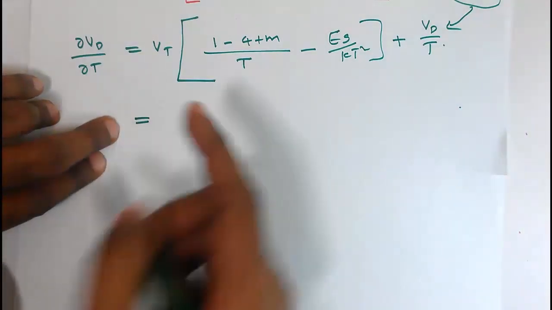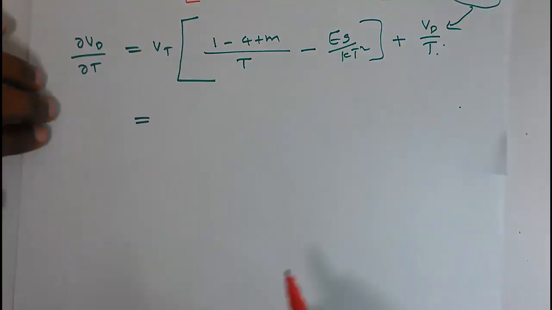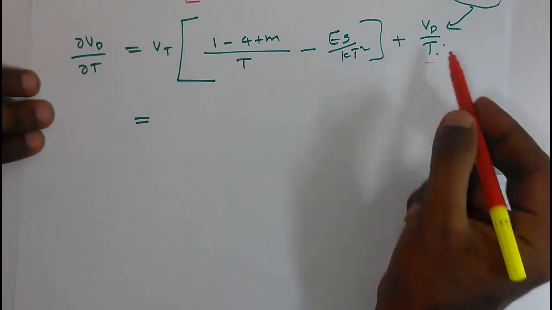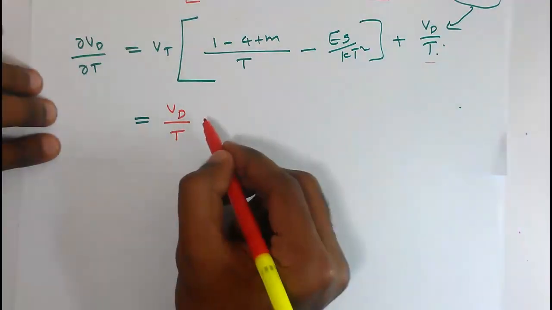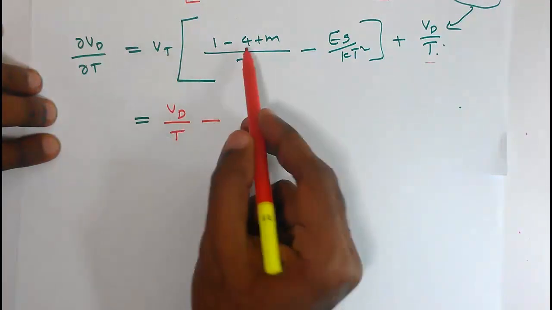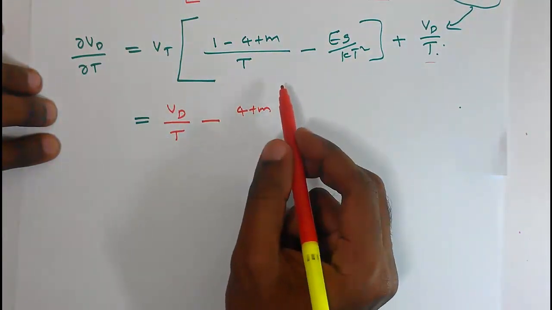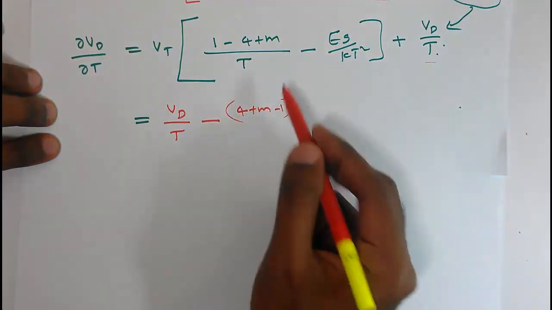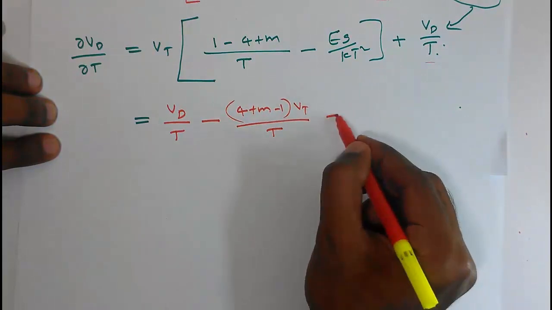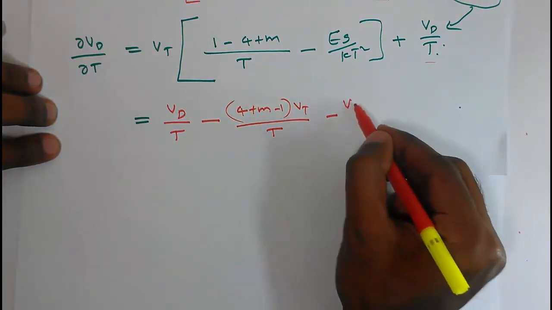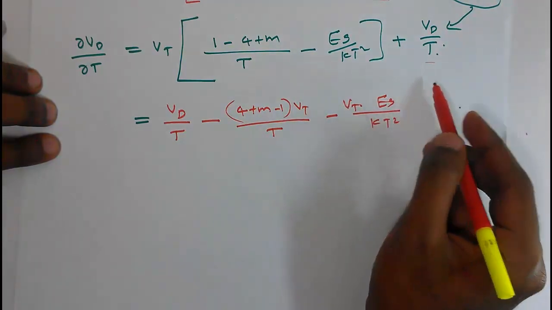You can write, I am bringing this term to first, so Vd by T minus this Vt into minus 4 plus m minus 1 into Vt by T minus Vt into Eg by kT square.